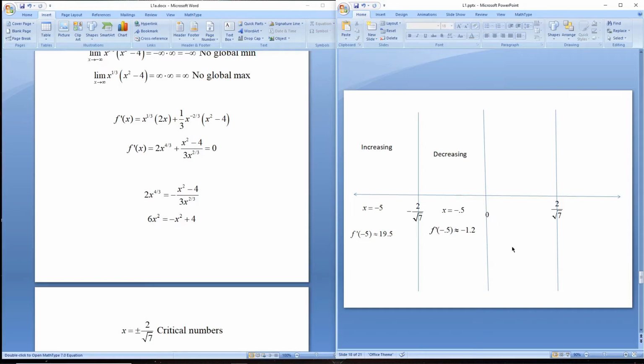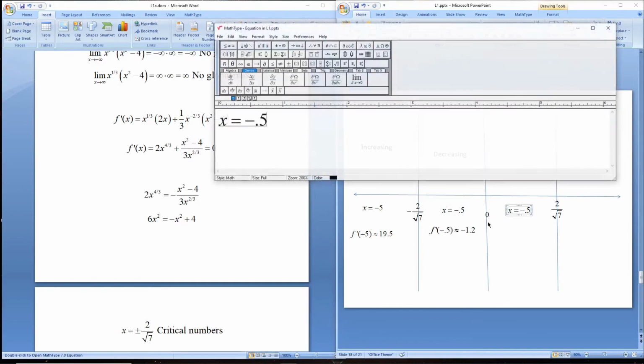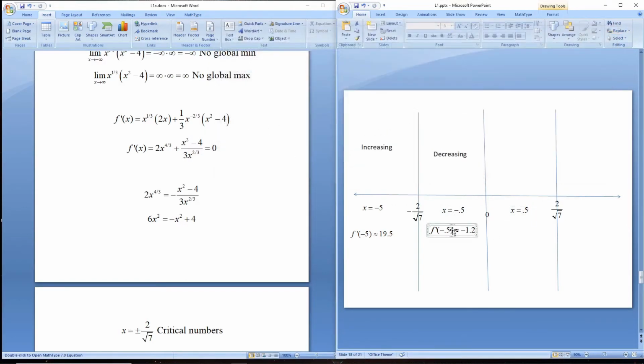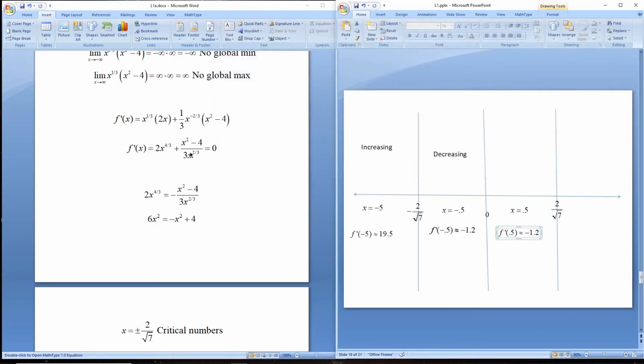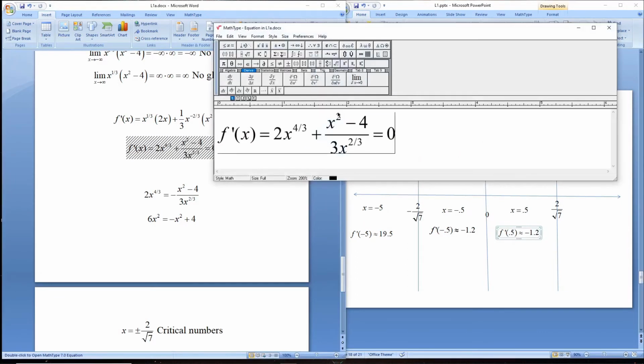Moving along to this region then, if we choose a nice symmetry here, so if we choose a positive 0.5, we will actually get this same answer again. And again, that has to do with the derivative, because the squared will take out all the negatives.